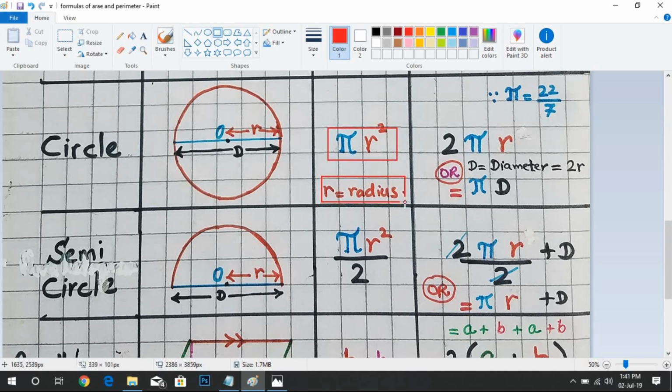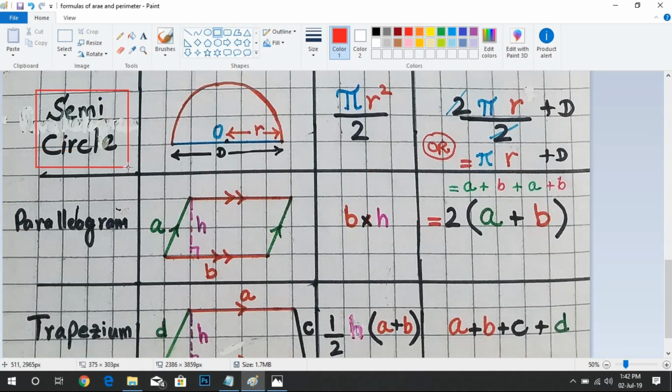The pi value is equal to 22/7. The perimeter of a circle is equal to 2 pi r. D, the diameter, is equal to 2r, so we write it as pi d, which is also the formula for the perimeter of a circle.